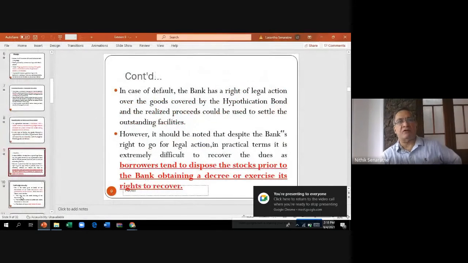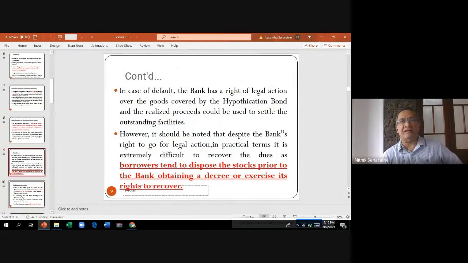In case of default, the bank has the right of legal action over the goods covered by the hypothecation bond, and the realized proceeds could be used to settle the outstanding facilities. However, it should be noted that despite the bank's right to go for legal action, in practical terms it is extremely difficult to recover the dues, as borrowers tend to dispose of the stocks prior to the bank obtaining a decree to exercise its rights to recover.